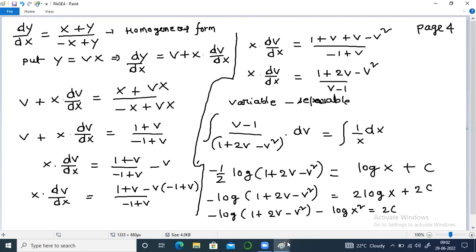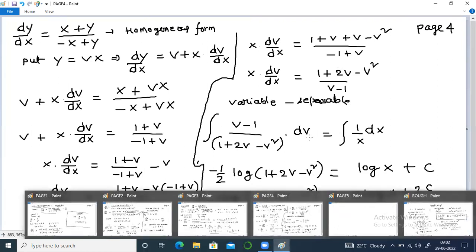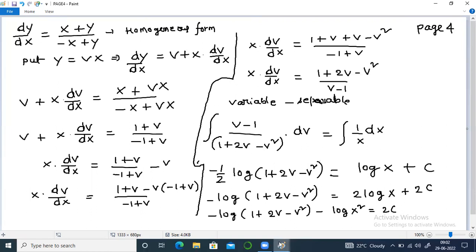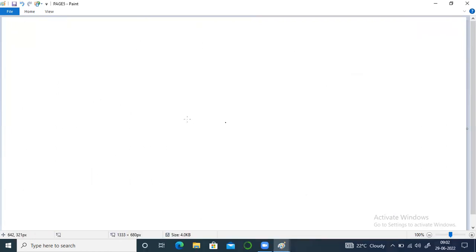So what you will get, I am taking next page, log 1 plus 2v minus v square, right? Minus, I am taking that side. So log 1 plus 2v minus v square plus log x square, right? I think log x square is equal to 2c.